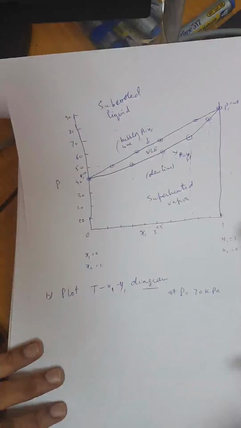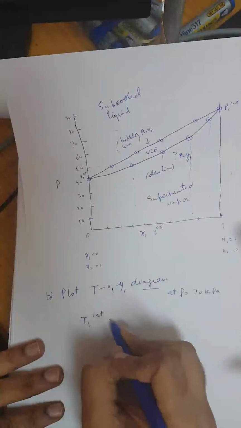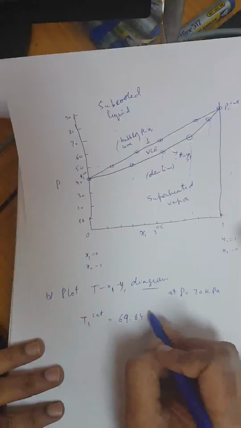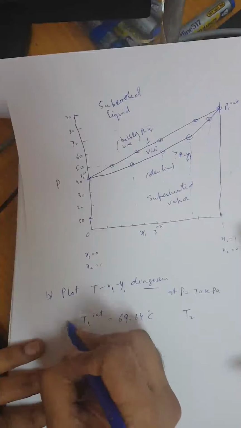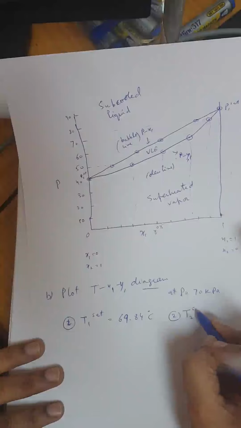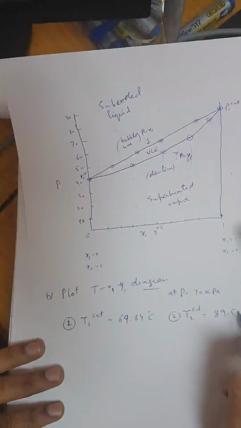This is step 1. T1 set is 69.84, and T2 set is 89.58 Celsius.